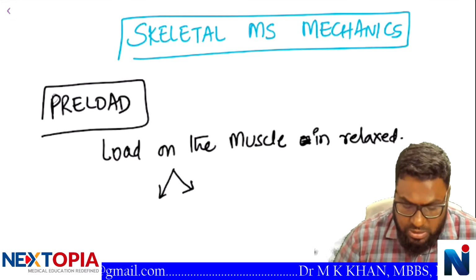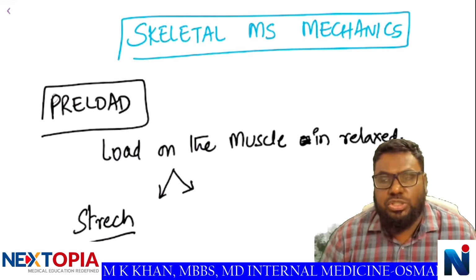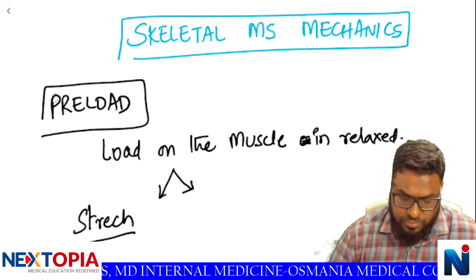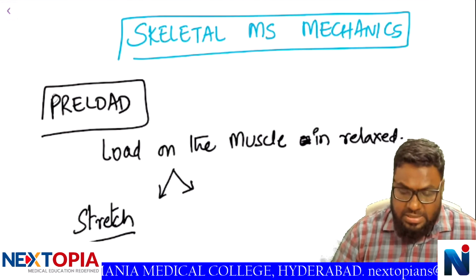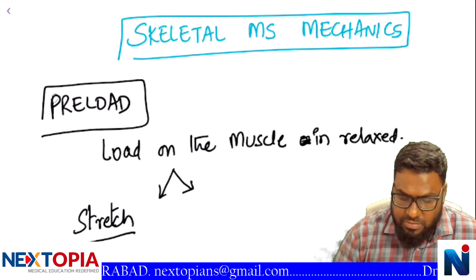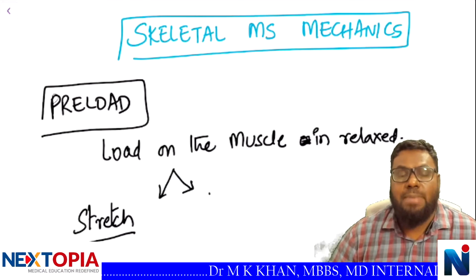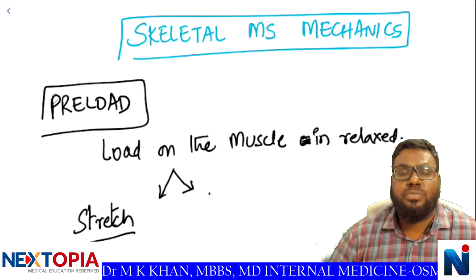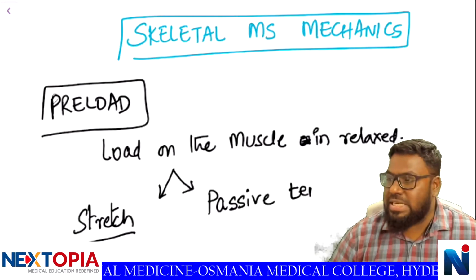Whenever you apply preload, the muscle stretches. There is a muscle stretch. The second thing is that a passive tension is generated. Passive, not active. Passive tension is generated in turn. And we all know that muscle is elastic.